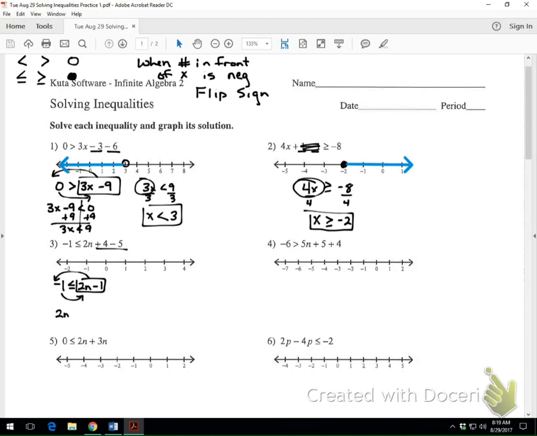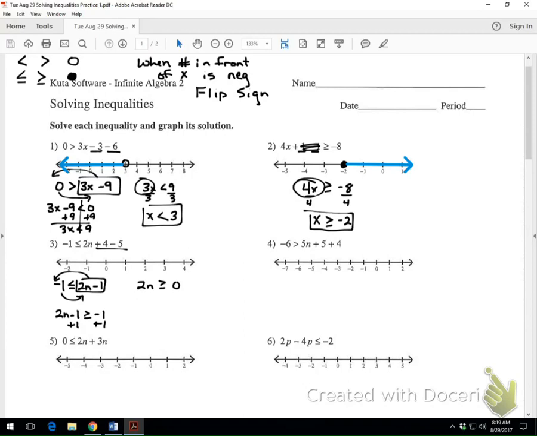So 2n minus 1 is greater than or equal to negative 1. Okay, now what do I got? Add 1. So that gives me 2n is greater than or equal to 0.